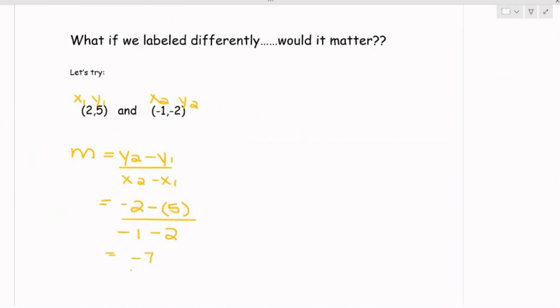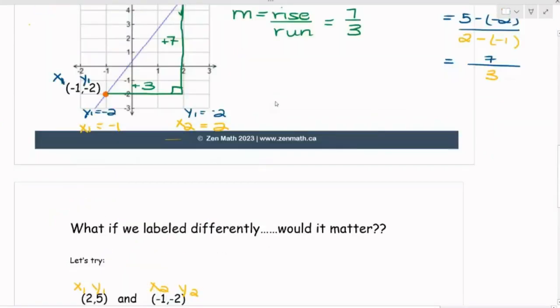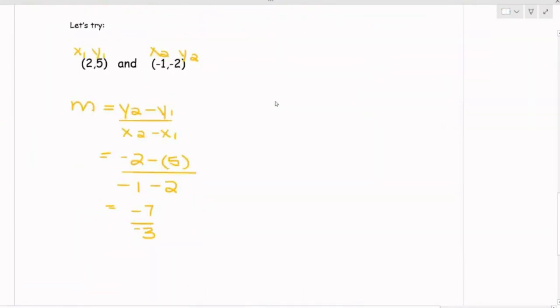And -1 take away 2 is -3. Uh-oh. Wait a second. Didn't we get +7 over 3? But by simplifying, 2 negatives when they divide become +7 over 3 anyways. So that just goes to show that it doesn't matter which way you order the points. What does matter is if this becomes x1, this has to become y1. You cannot label this y2, okay?